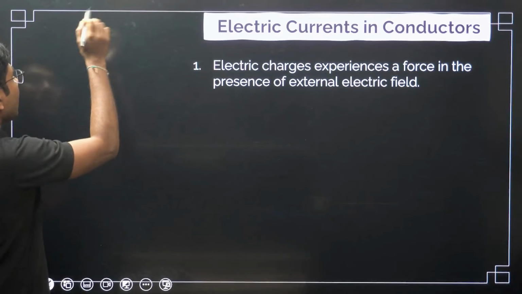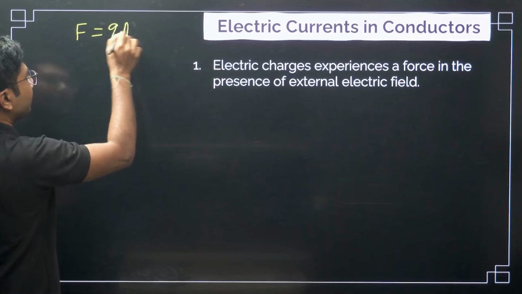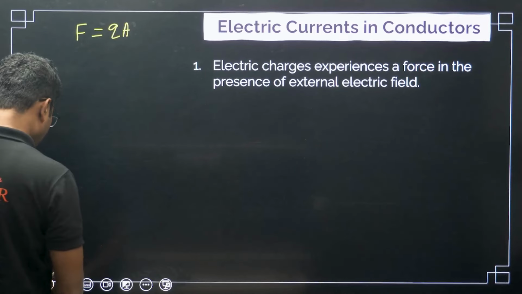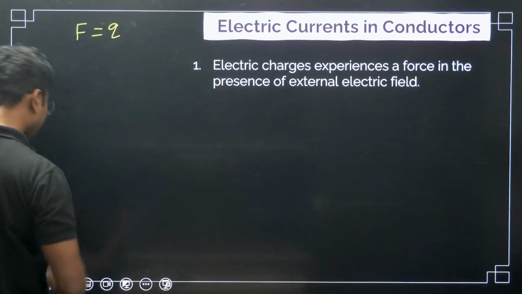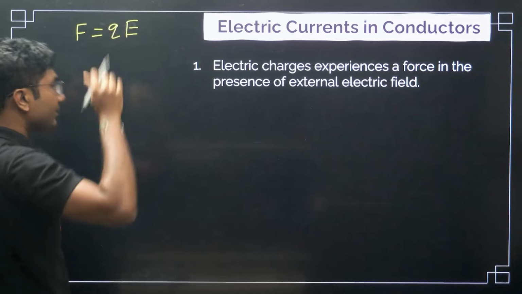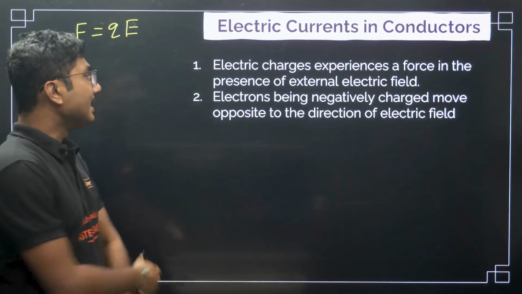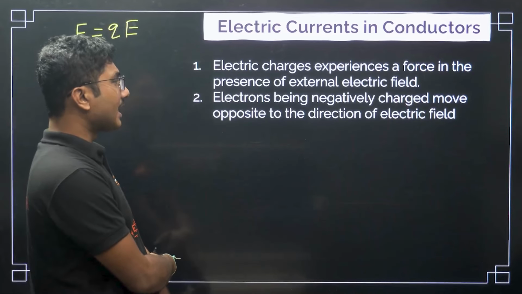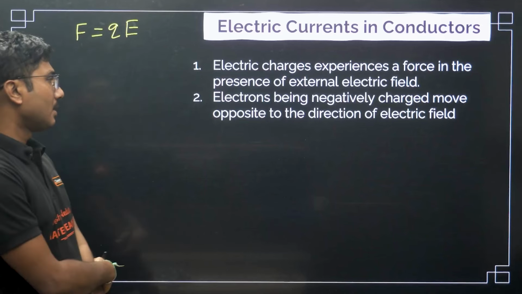That force is given by F is equal to Q into E. So electric charge Q kept in an external electric field E experiences a force Q into E. What next? Electrons being negatively charged move opposite to the direction of the electric field.